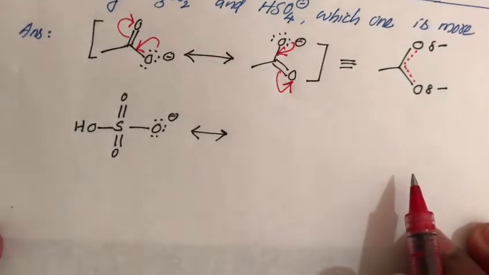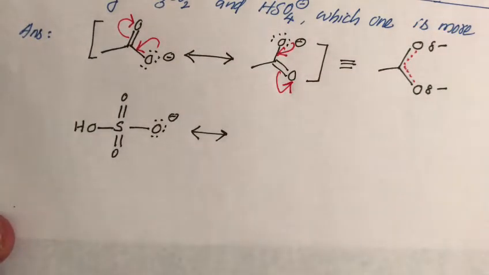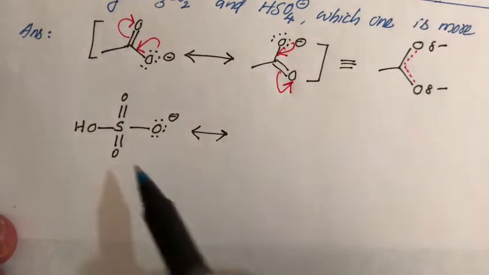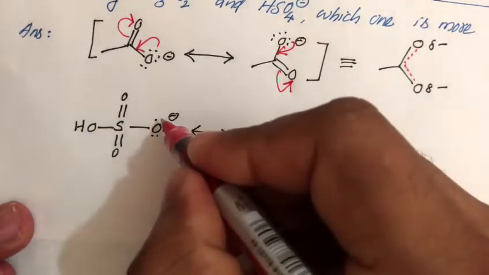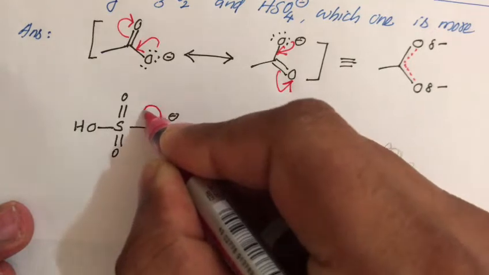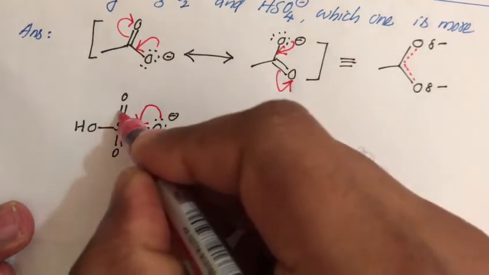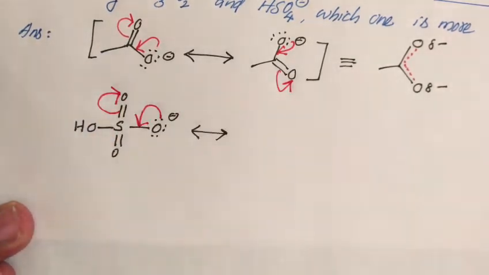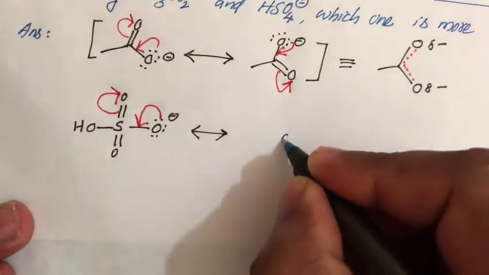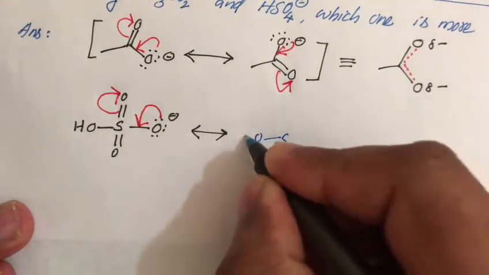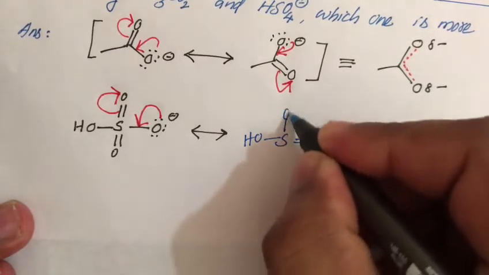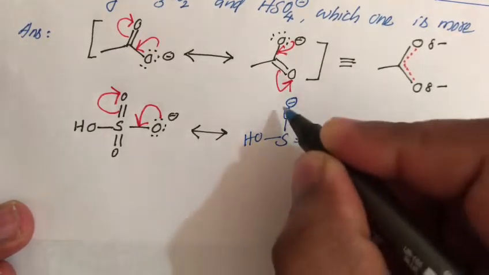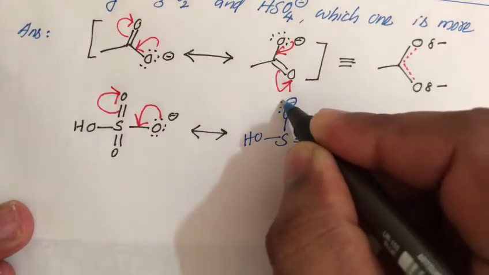What about the sulfate ion? We can draw the sulfate ion structure. So this is our sulfate ion. What will happen? One of the lone pairs of electrons can move to this position and this pi bond can move to this oxygen. So you will end up with the next canonical form, OH already here, new bond. And here you can have a negative charge with one excess electron.